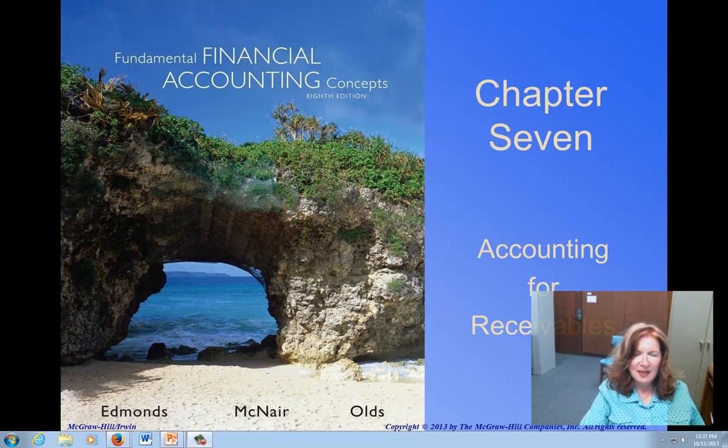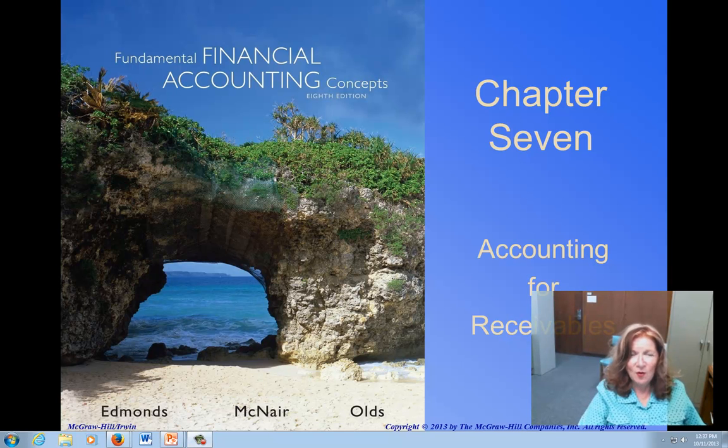So if they estimate that they lose 2% of all credit sales, then you would take the total credit sales times 2%, which is 0.02, and you would get your adjusting entry amount. So you just multiply the credit sales times the estimated percentage of loss, and that'll give you your adjusting entry for the percentage of credit sales method.